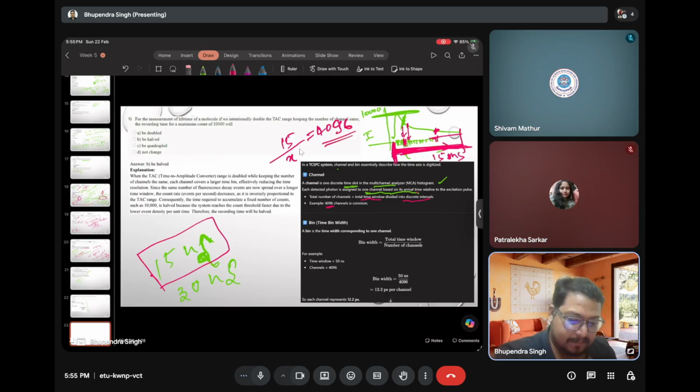Now they are giving one condition: the tag range has been increased to double, so it is 30. The condition is that the time window is 30, and the number of channels is the same, keeping the number of channels the same.